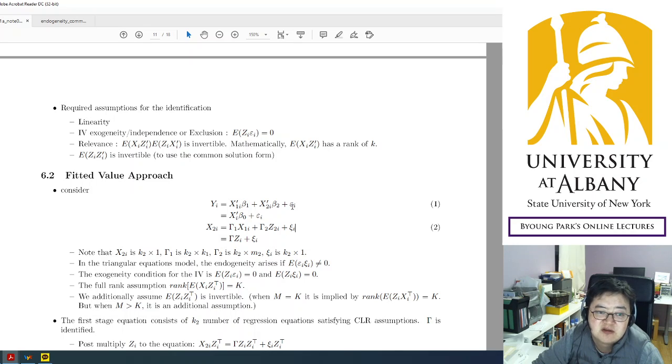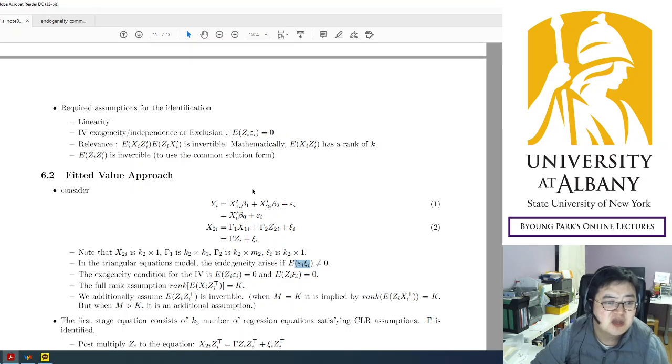So that's the source of the endogeneity problem. Still, a favorable assumption is that we have z, which is uncorrelated with either epsilon or psi. So z is doing well, but epsilon and psi are not doing well with each other.